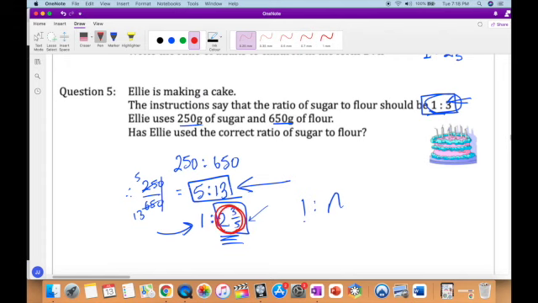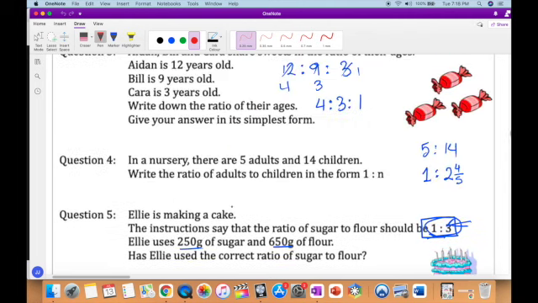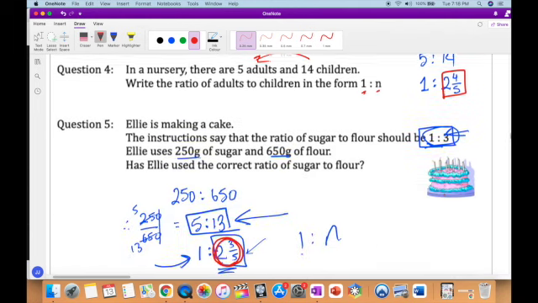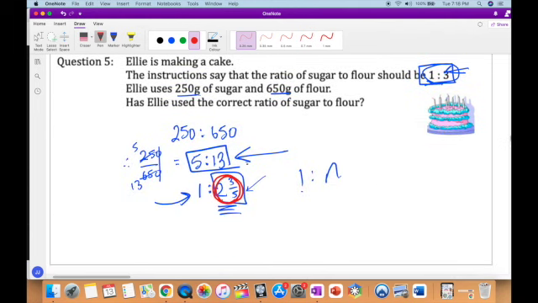Sometimes they're hard to avoid. Like in this question, they literally asked you 1 to n. And you could see 14 doesn't go into 5, doesn't go into 14 at all. So you will have some sort of a remainder. So in this question, you had no choice but to have the fraction inside of there. But generally, I do not like fractions in my ratio.